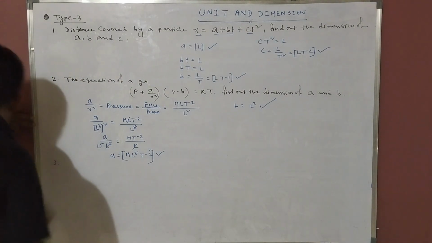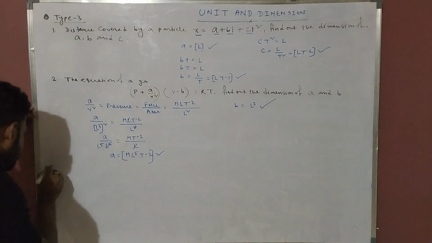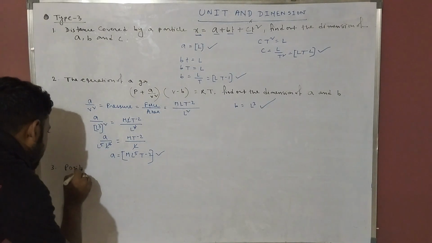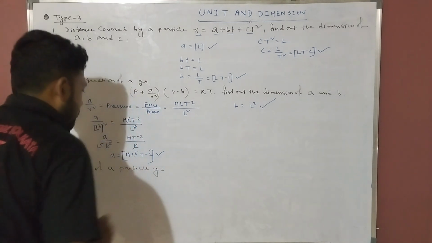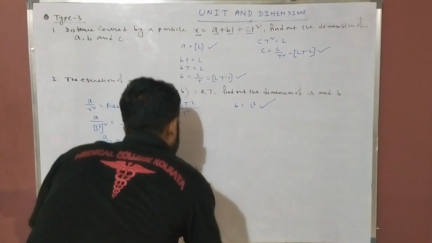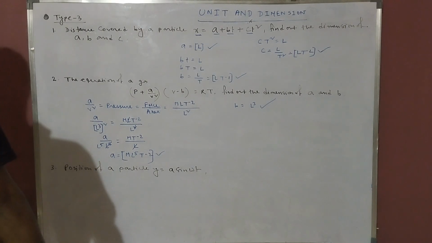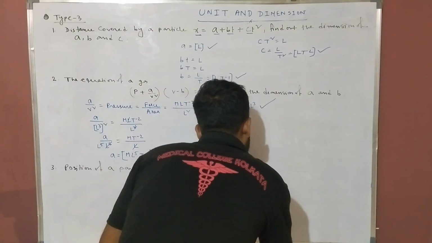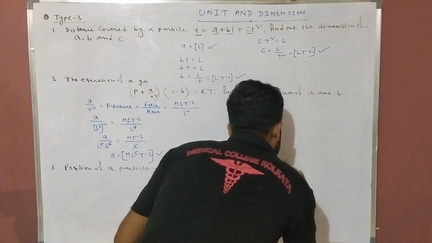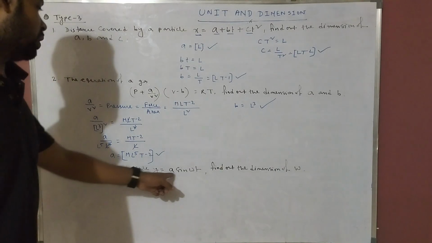Now problem number 3. Let's see. Position of a particle y is equal to a sin omega t.